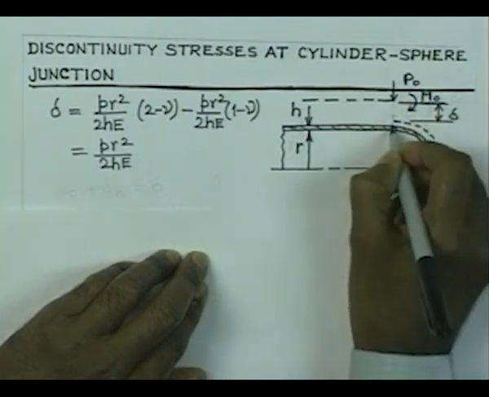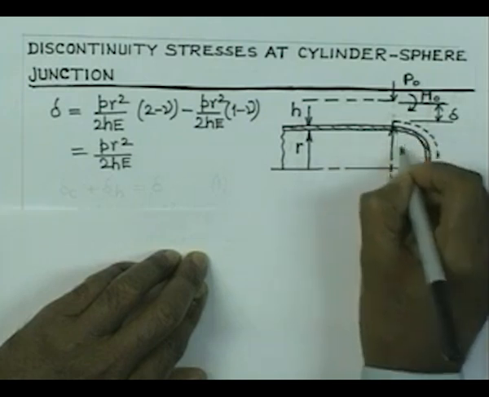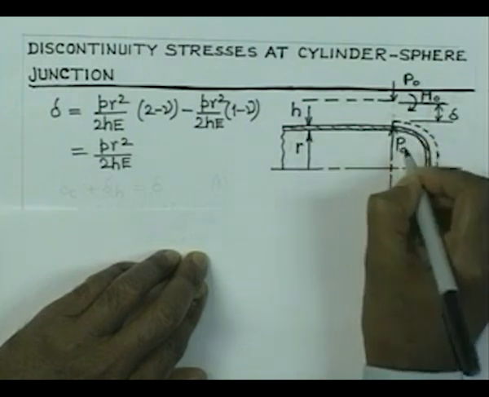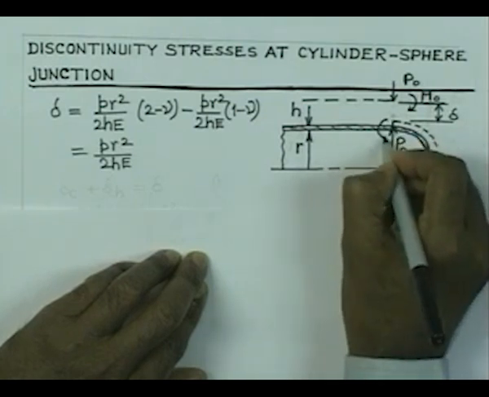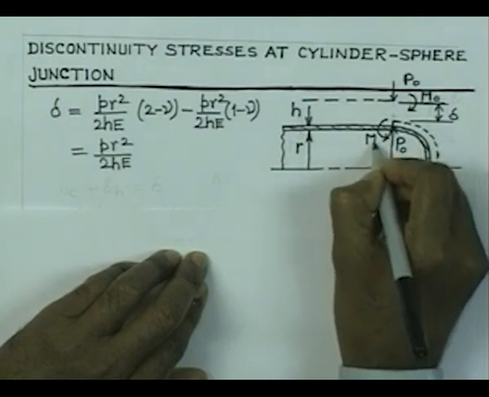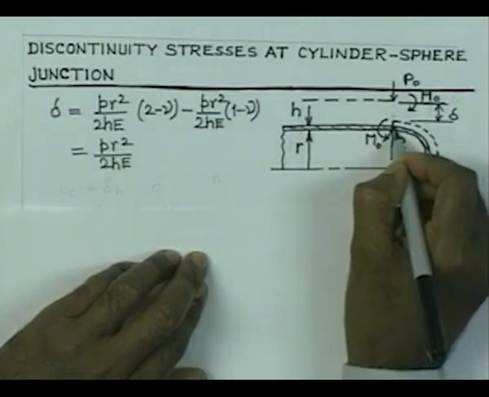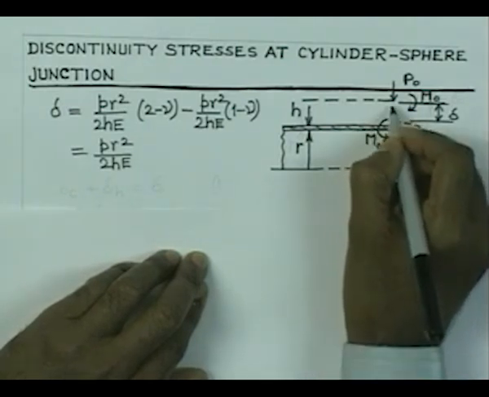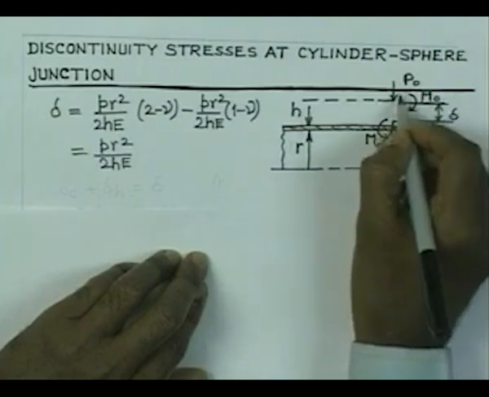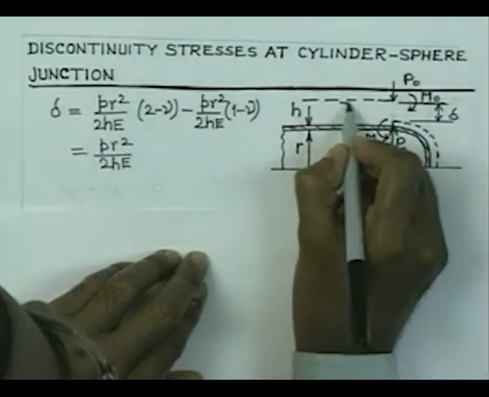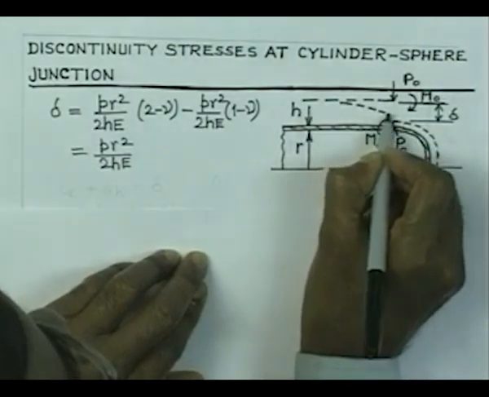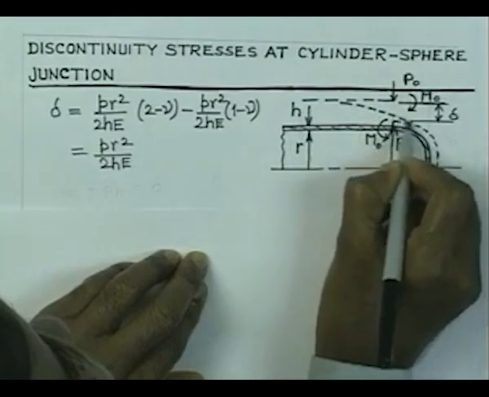Simultaneously, on the spherical head we are going to get some force coming up in exactly the opposite direction, P0, and the bending moment is going to be like this, M0. Under the action of this P0 and M0, the cylinder will try to move up. Under the action of P0, M0, the head will move down, and finally this junction is going to have a deformed shape somewhat like this.